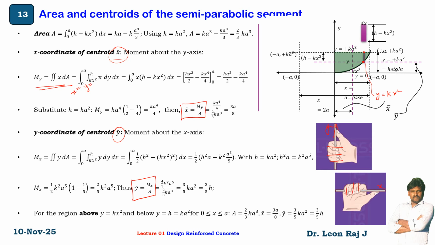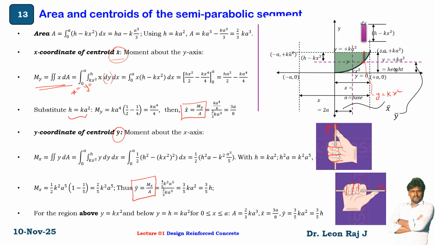First you have to integrate dy, which is nothing but y. So y is h minus k into x square, so x into h minus k into x square, integral 0 to a dx. You get h x square divided by 2 minus k into x to the power of 4 divided by 4, 0 to a, and you get the value h a square divided by 2 minus k a to the power of 4 divided by 4.